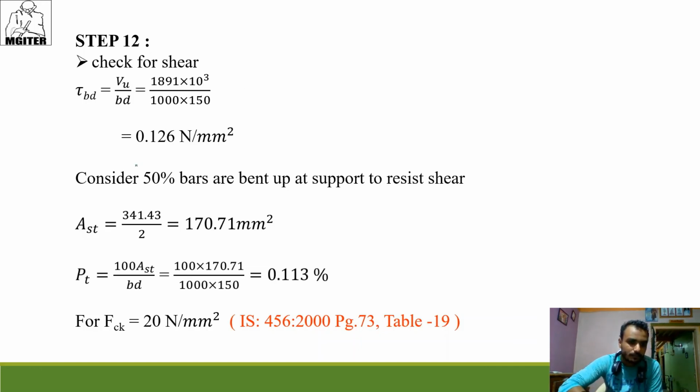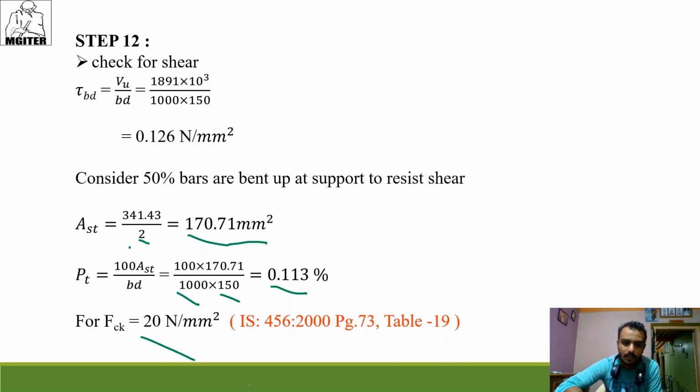So same value for AST: 341.43 divided by 2, so 170.71 mm square. For the 171 mm square, we have to find pt for 1000 width, depth 150. So pt is 0.113%. fck 20 Newton per mm square.